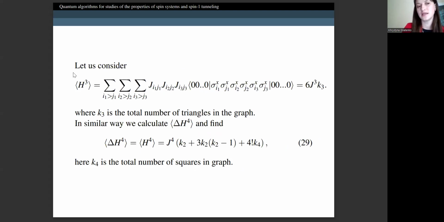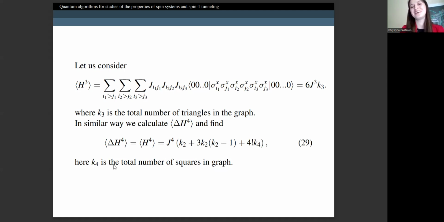Also, this value is related with the number of triangles in the graph. So this K3 is the number of triangles in the graph. And this mean value of the Hamiltonian is related with the total number of edges or links in the graph, and also with K2, and also with K4, which is the total number of squares in the graph.